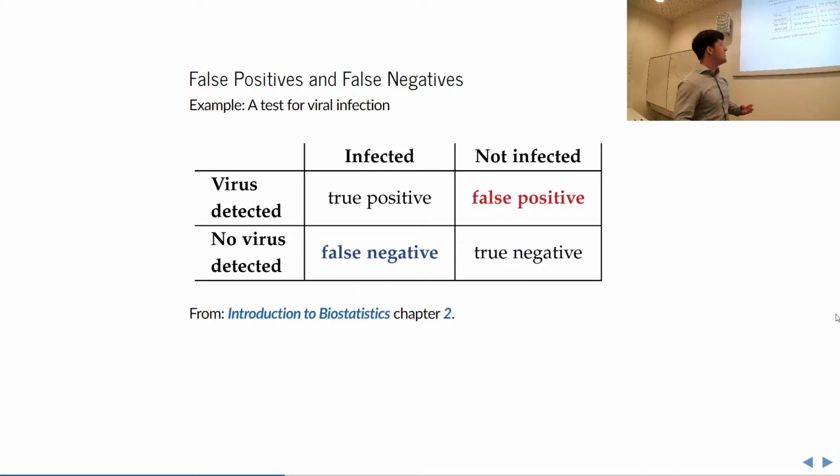And the other way around, when you are infected and somehow you slip through and the test says, no, you're good, that would be a false negative. And these things, we can reduce them, we can try and control the chance that they happen, but you cannot make them go to zero. They always have a chance of occurring because we don't have the whole population.